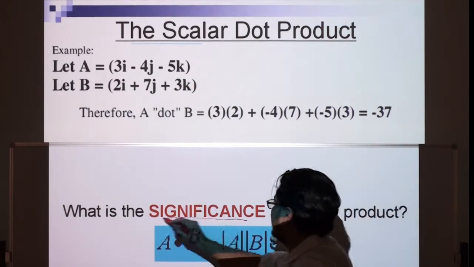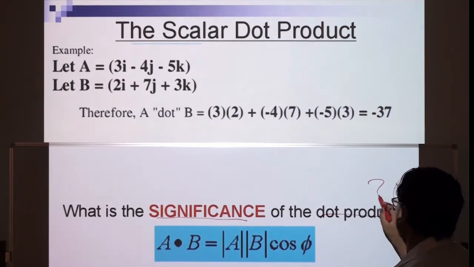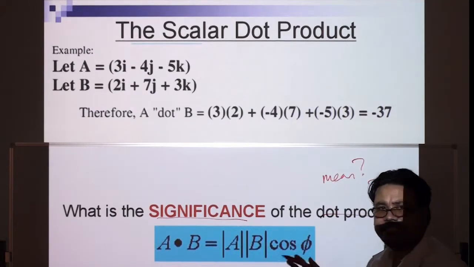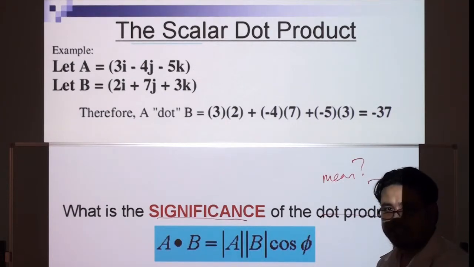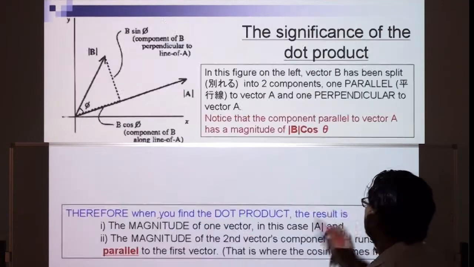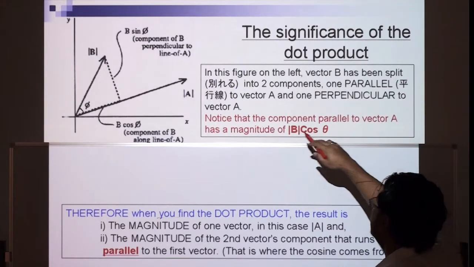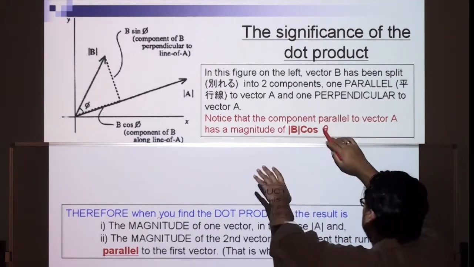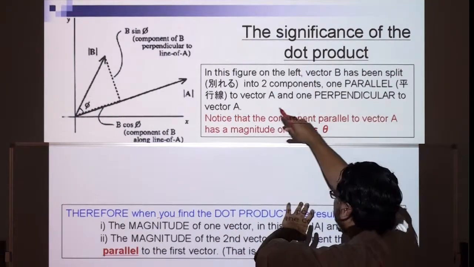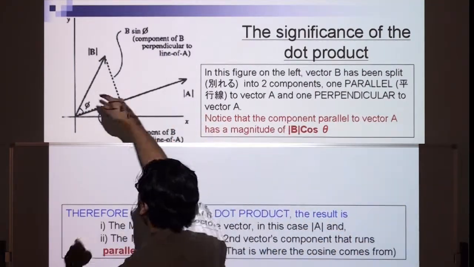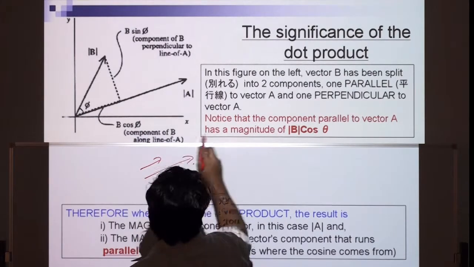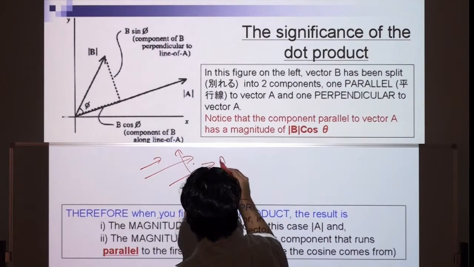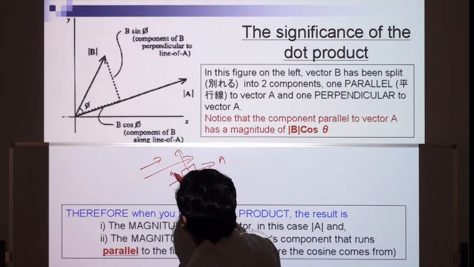So what is the significance of the dot product, or what does it mean? What is this? Why is it important? We'll show you shortly. In the figure on the left, vector B has been split into two components: one parallel to vector A, where parallel means the same direction, and one perpendicular, so one that cuts A at a 90-degree angle.